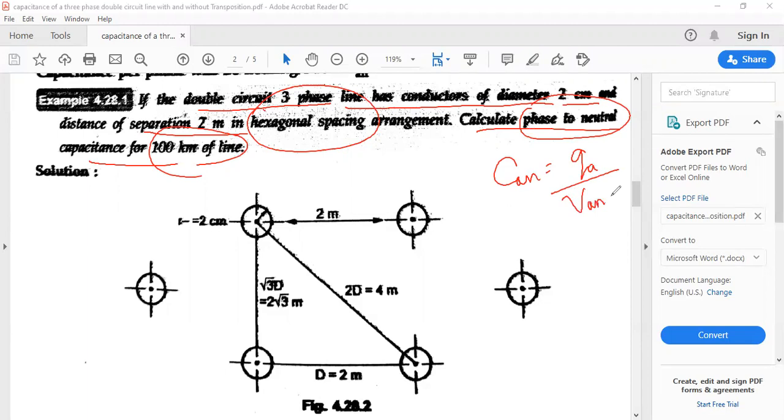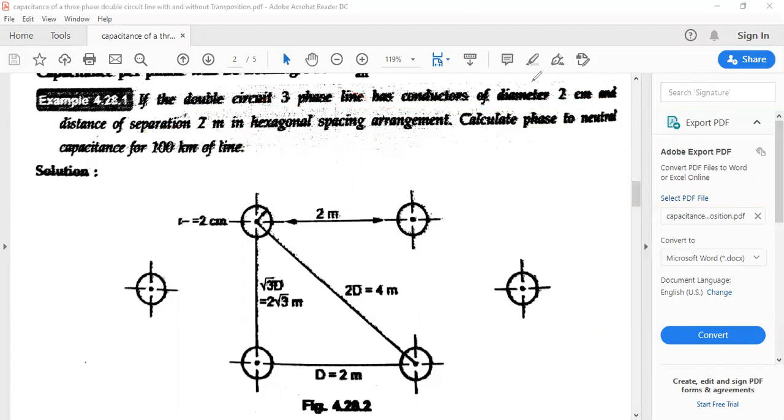Write down this formula at first, and recall the formula for CAN. It is 2 pi epsilon divided by ln of root 3 d divided by 2r. That is the formula you are going to write.